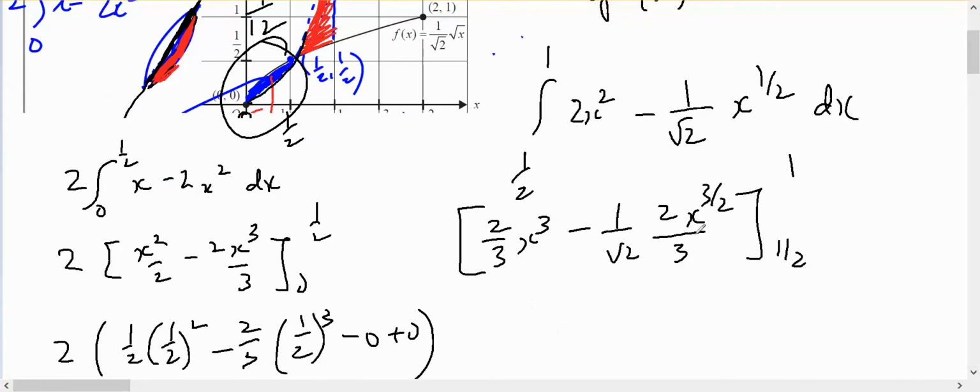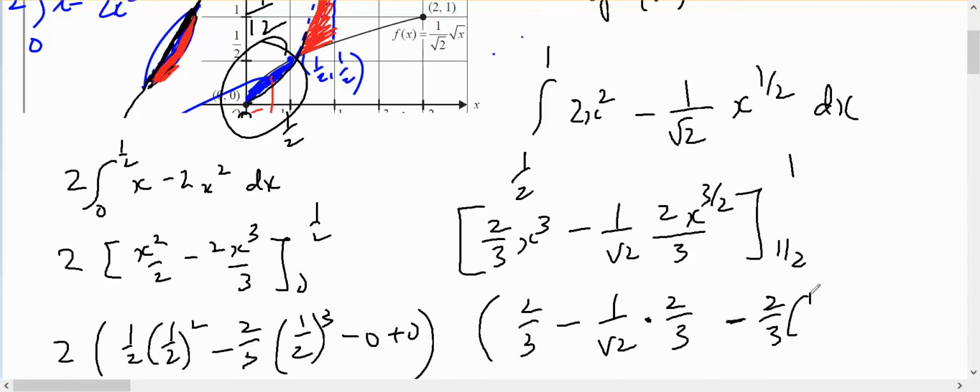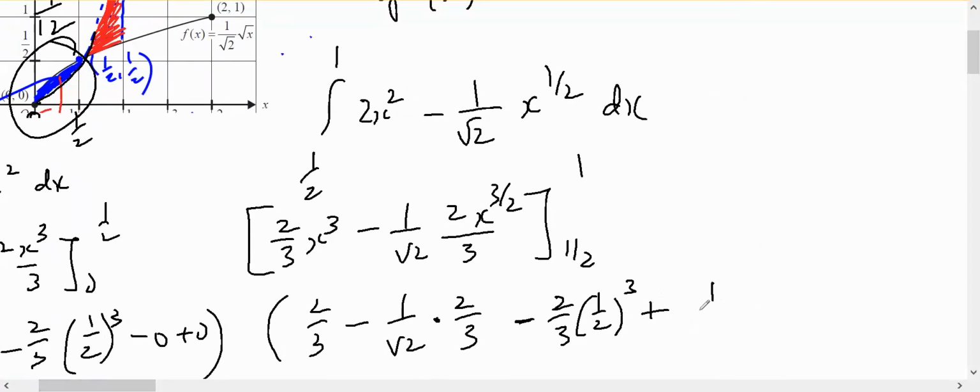So when I place my 1 in, I'm going to have 2/3 minus 1 on root 2 times 2/3, then minus 2/3 times 1/2 cubed, then plus 1 on root 2, 2/3, 1/2 to 3 on 2.